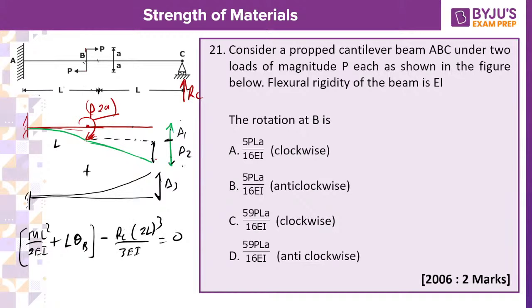Now, if you solve this from here, you will simply get RC. You already know the value of M: M is P into 2a. Theta also you know: ML by EI.